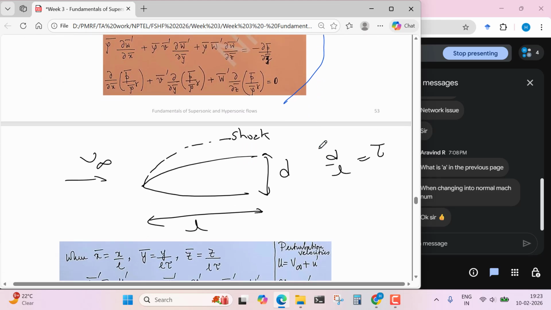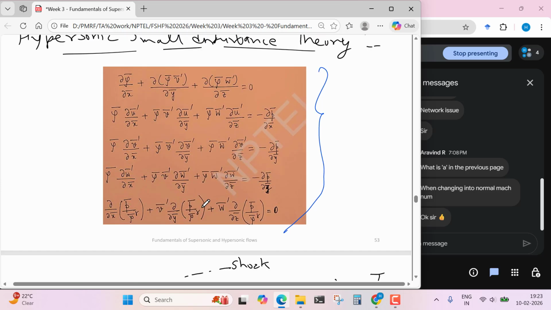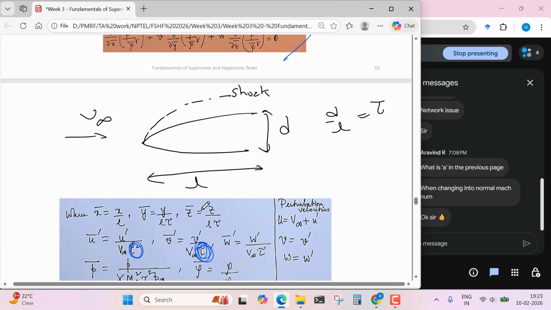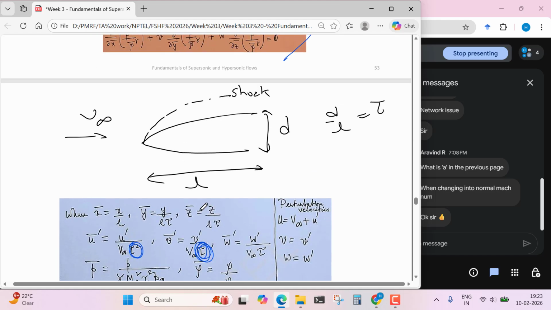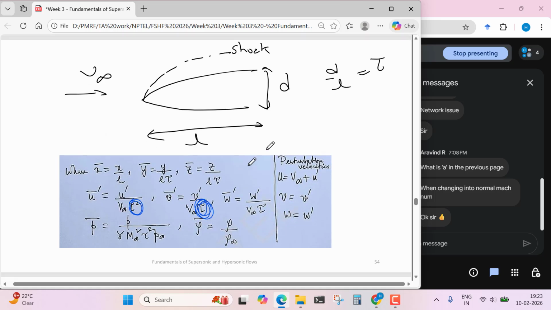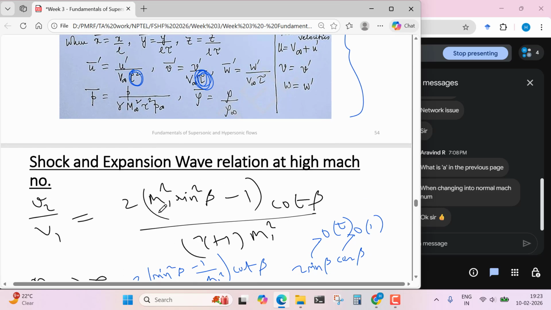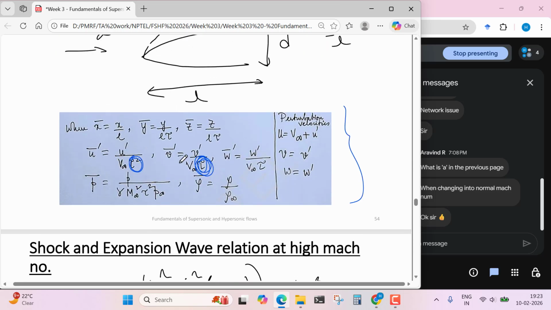And here the thickness of the body is d and length is L, and tau is given by d by L. So all terms are non-dimensionalized using this tau or length scale and velocity, so you will get tau in this equation also.